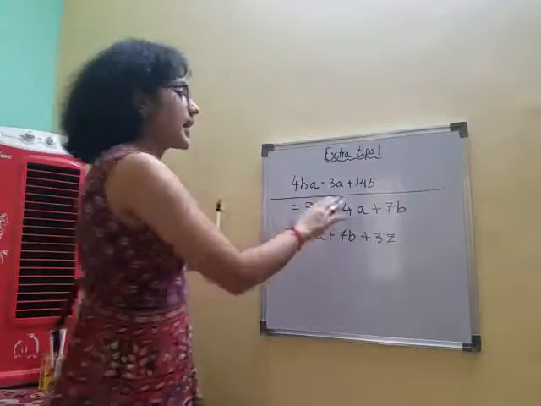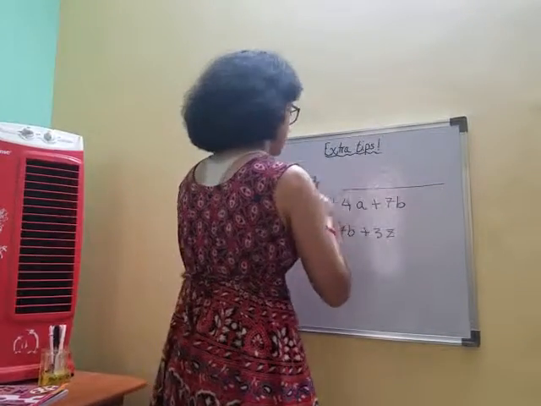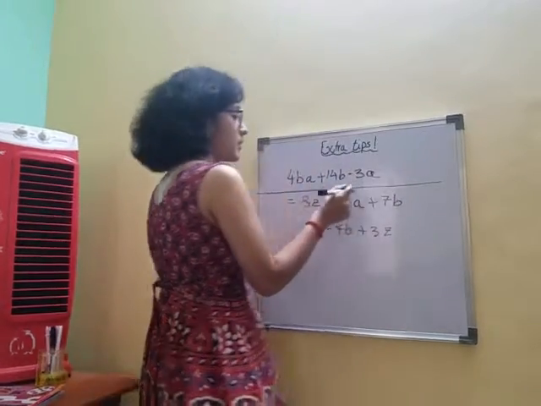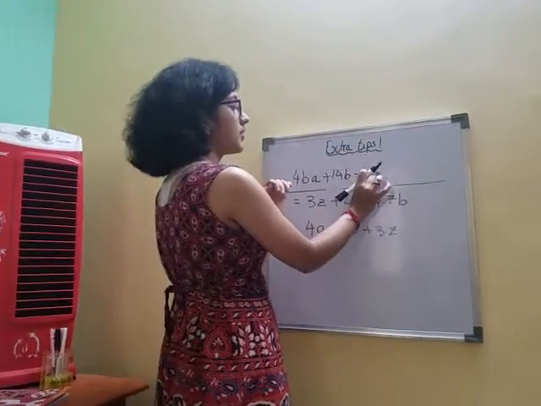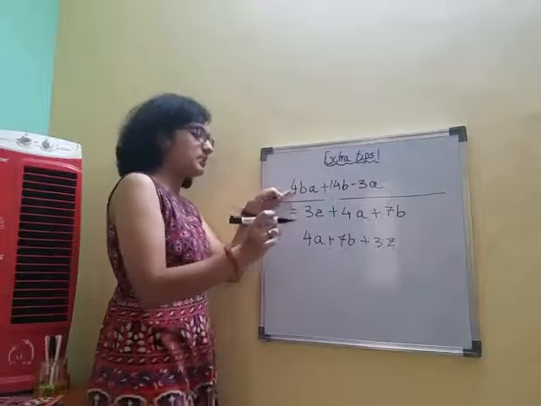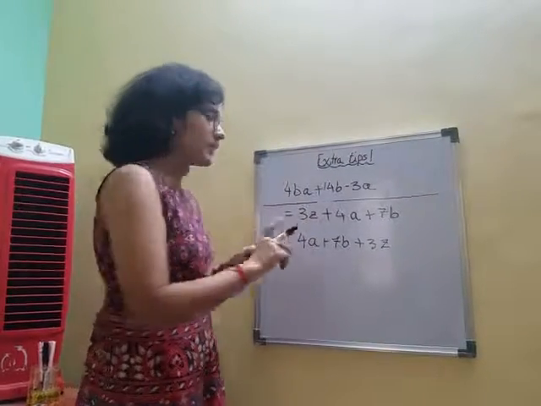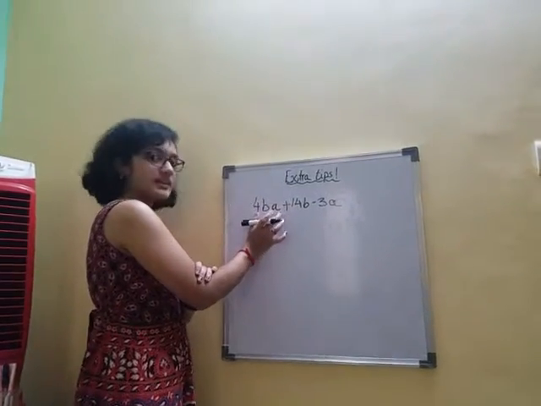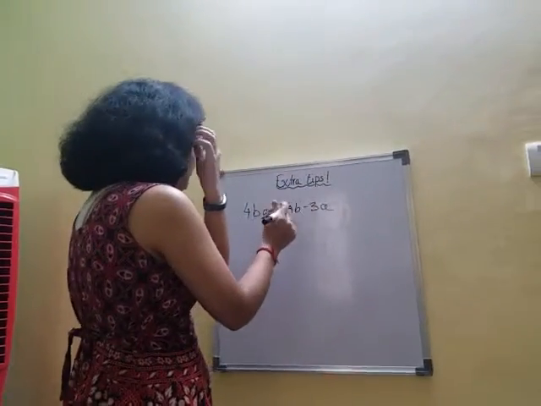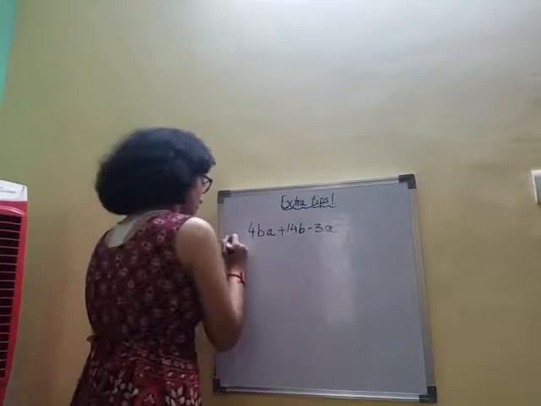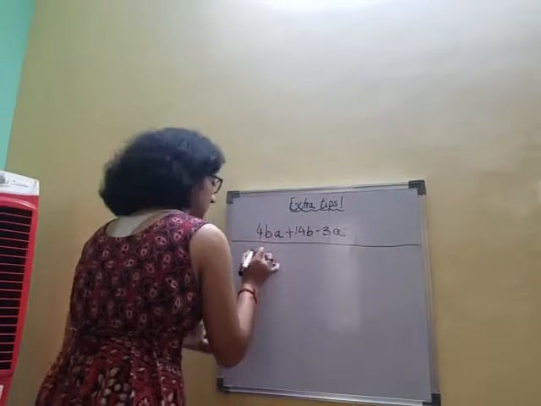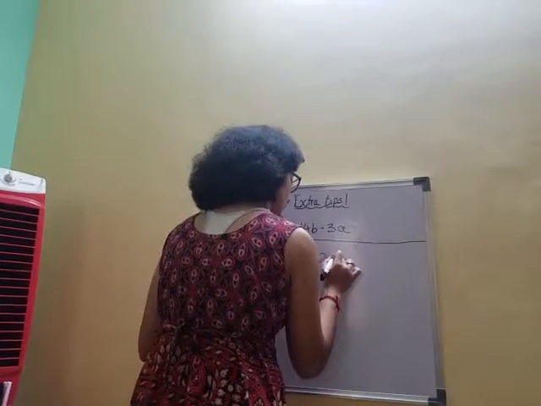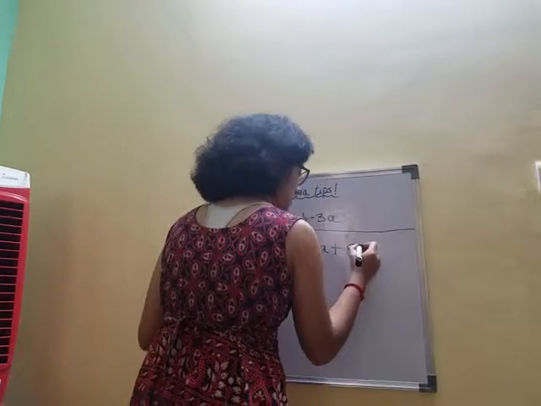So in this case, I had my question like this, and I rewrote it and I switched these two numbers and kept this the same. Now I'll tell you why I kept this the same. I'm keeping this the same because this has two variables. So for example, you have something like 7azb plus 2a plus 8c.